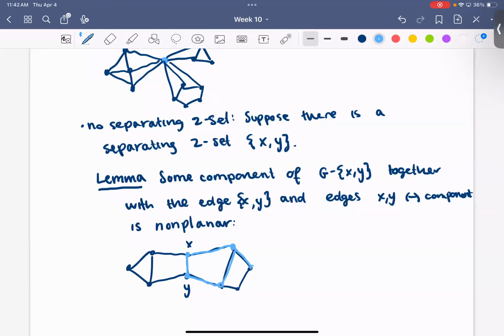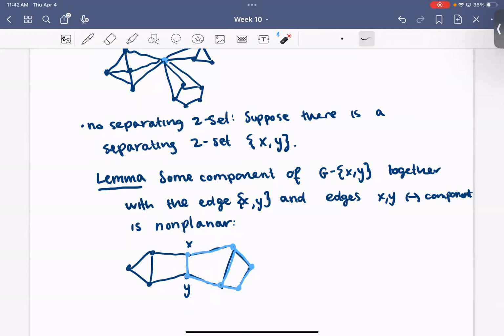So the set XY together with that edge, whether or not this edge exists in the graph. So the edge XY may or may not exist, but we're going to consider the graph consisting of one connected component together with this edge, together with any edges going between X, Y, and the component. So it says that this thing has to be non-planar.